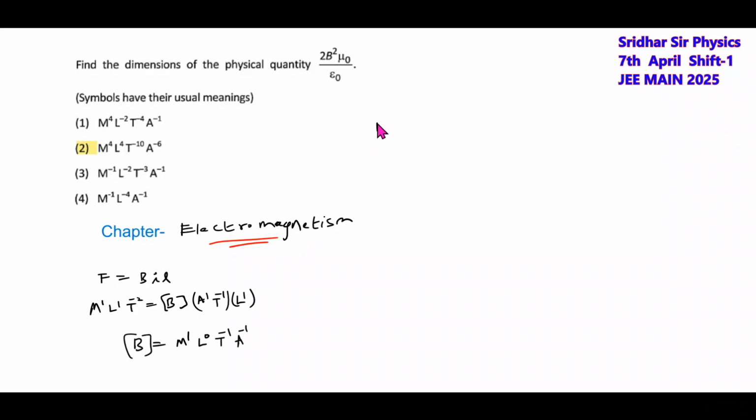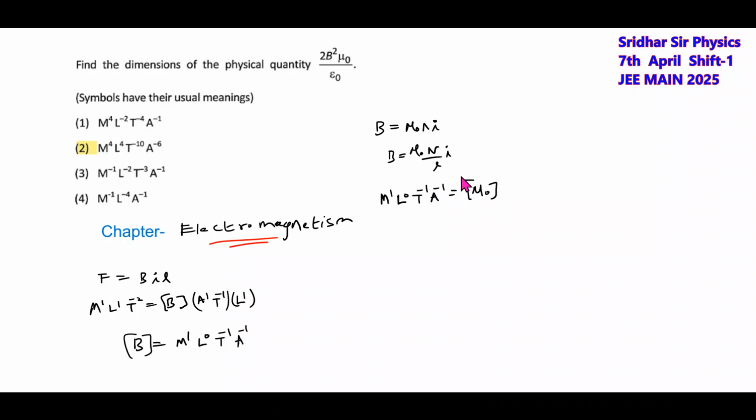Then we know the magnetic field B equal to mu naught n i, where n is the number of turns per unit length. Like this, you should take help of such ideas. The dimensions of magnetic field are M1 L0 T minus 2 A minus 1.